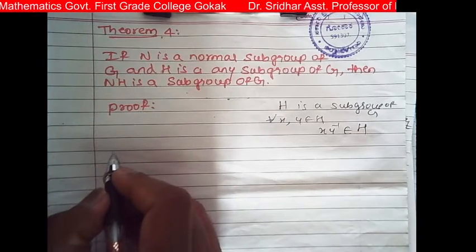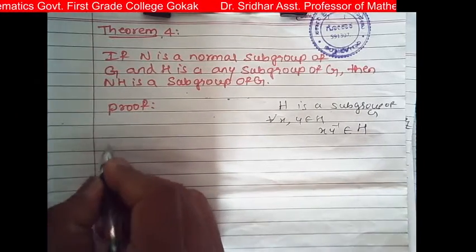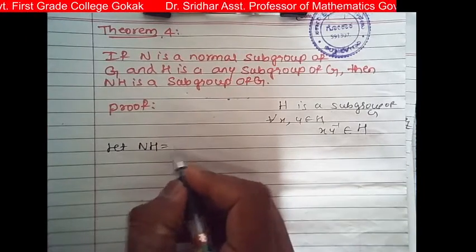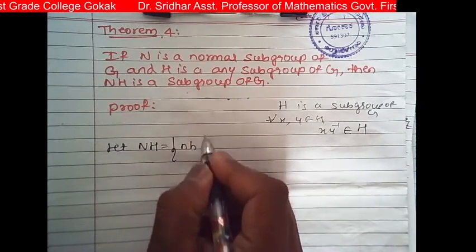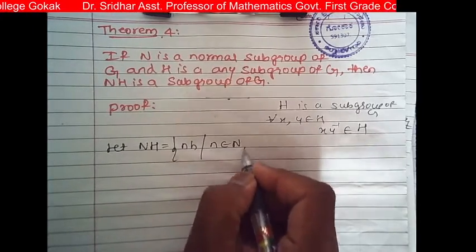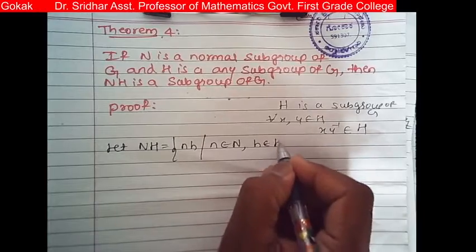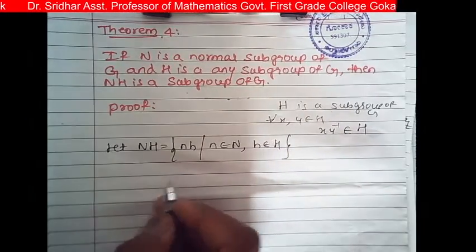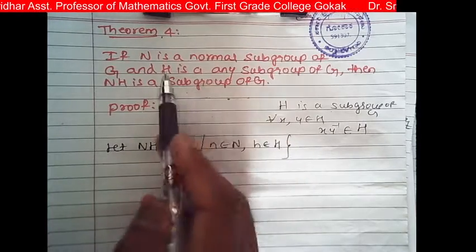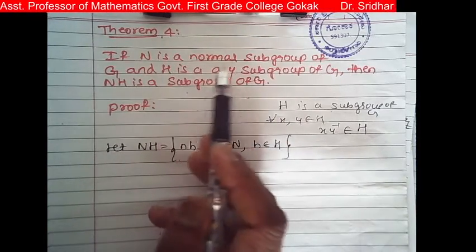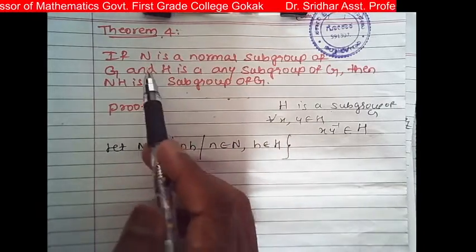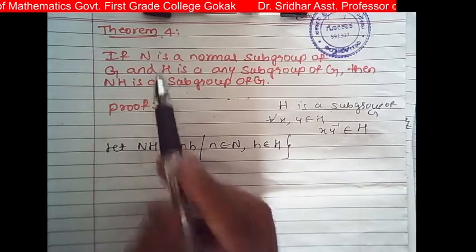To prove this, we take the set NH equal to the elements of the form nh, where n belongs to capital N and h belongs to capital H. Now as N is a normal subgroup, N is also a subgroup, so N is a group.